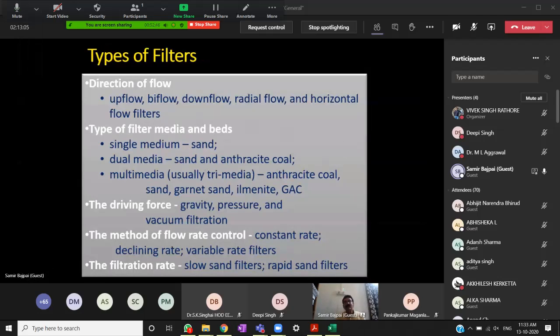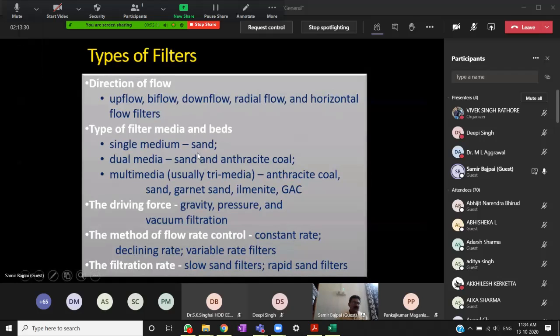Biflow, where you introduce water from the bottom as well as from the top surface. Downflow, when water moves through gravity in the downward direction, that is a downflow gravity filter. Radial flow, when water is coming in a radial direction, and horizontal, when water is coming in a horizontal direction. So based on direction of flow of water, you can have different classifications of filter.